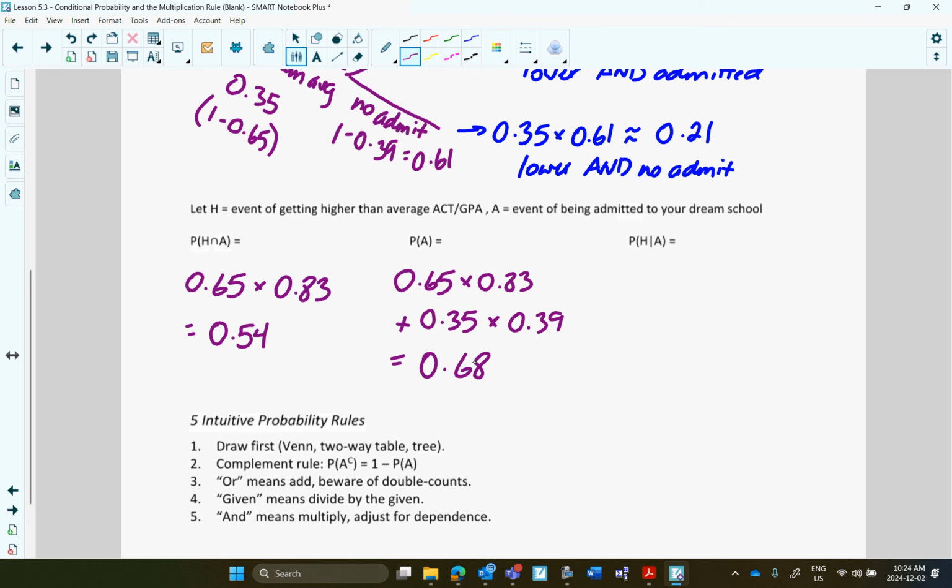Remember that formula. It's the probability of the 2 of them occurring together over the probability of the second one. So what's the probability of them occurring together, higher and admitted? 0.54 divided by 0.68.